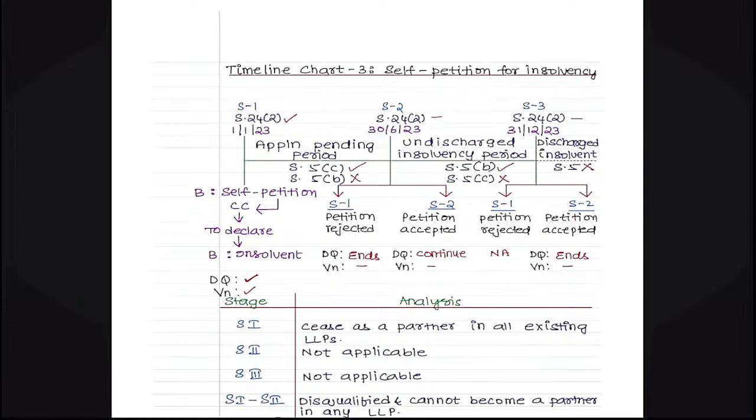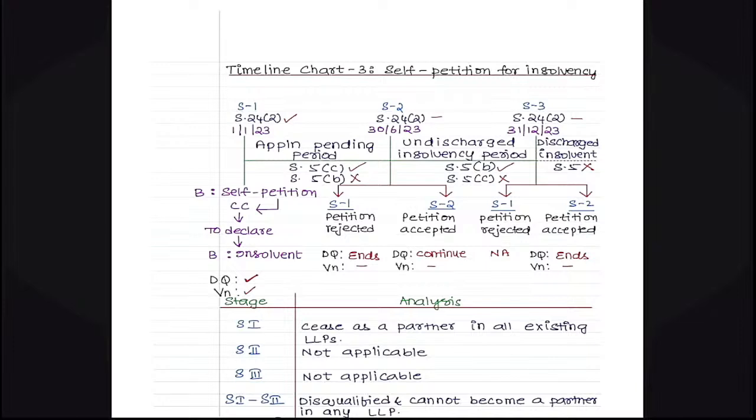If your petition is rejected by the court, then your disqualification will end with stage 2. If the petition is accepted by the court, then your disqualification will continue till stage 3. You will go to stage 3 if and only if your petition is accepted. That's why I have written petition rejected, not applicable, at stage 3. If the petition is accepted, disqualification will end at stage number 3. So this is the point.